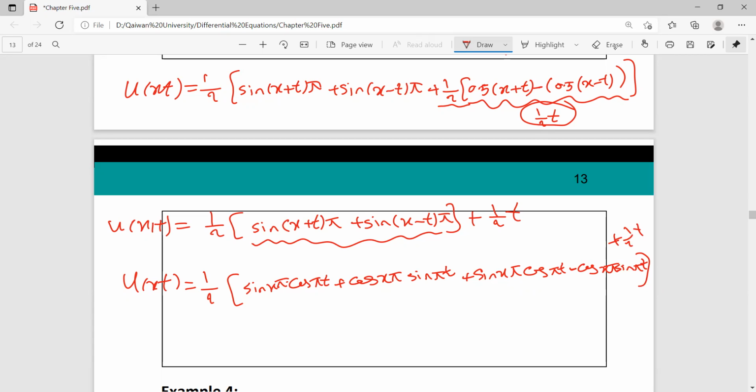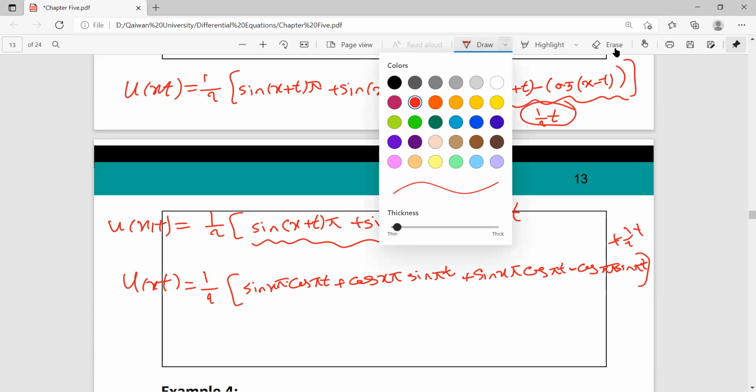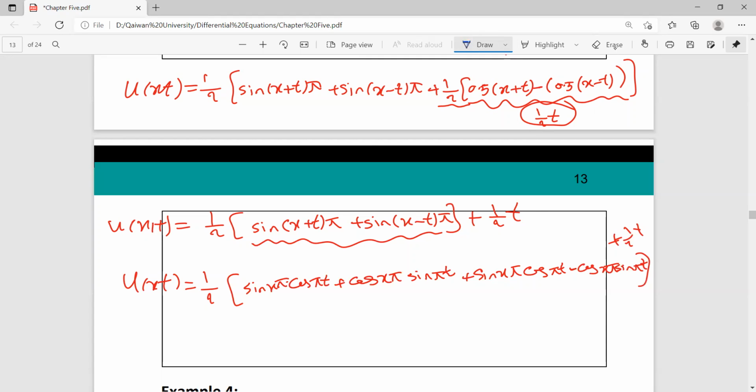Okay, and here we have similar terms. You have cosine x pi sine pi t and minus cosine x pi sine pi t. These cancel out because both are the same with different signs.